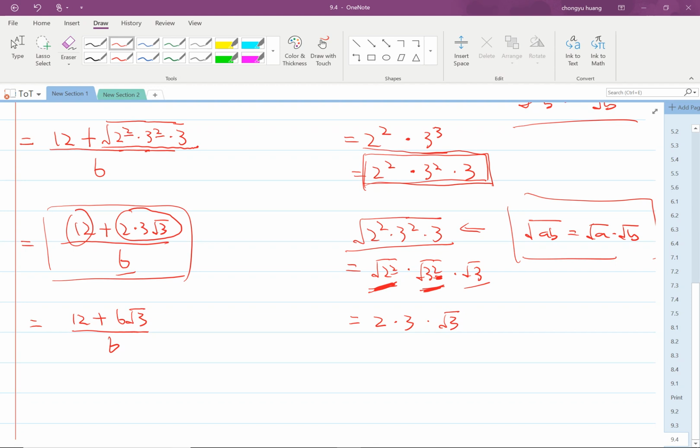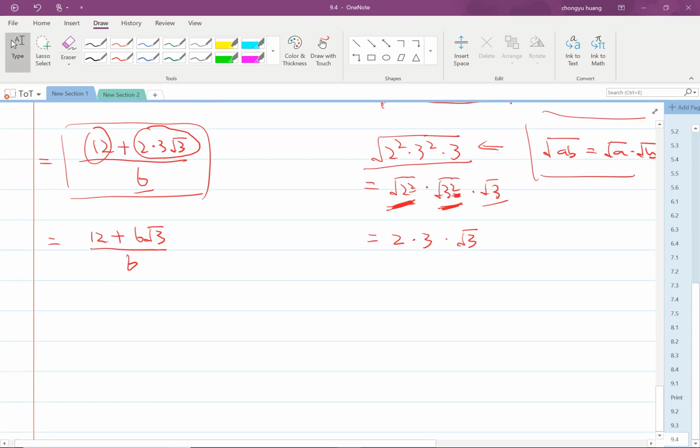Okay, so now we can do some factoring. As you can see, for the numerator we are able to do some factoring, right?